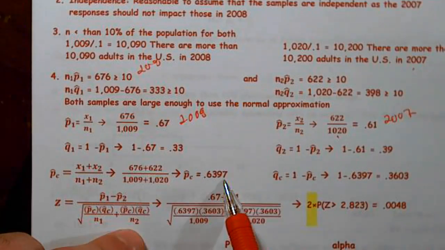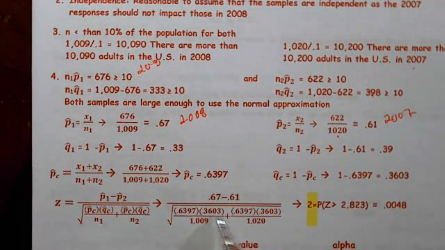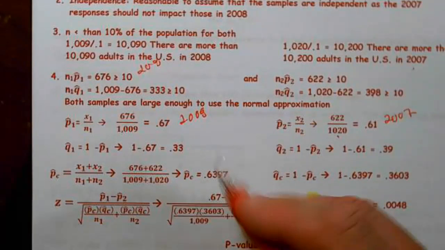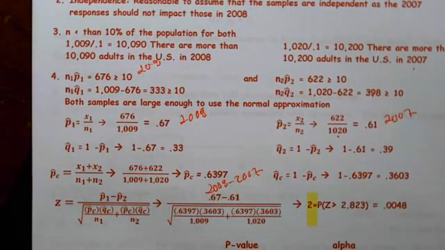And that would be my best estimate because I combined everything together. So that's what's going to go in the denominator here. All right, so now I'm going to subtract my two proportions, which unfortunately I went 2008 minus 2007. I did not mean to do that.